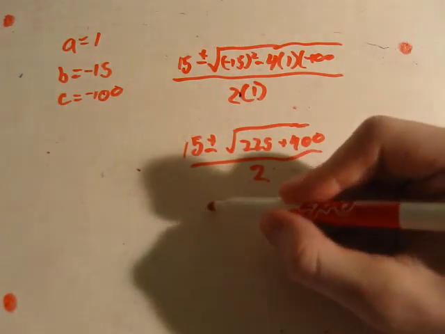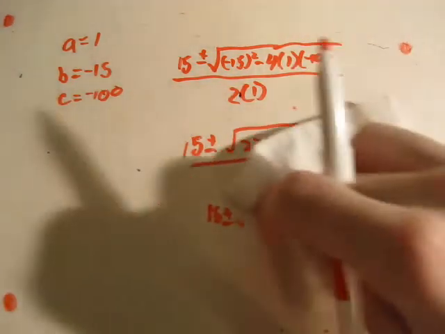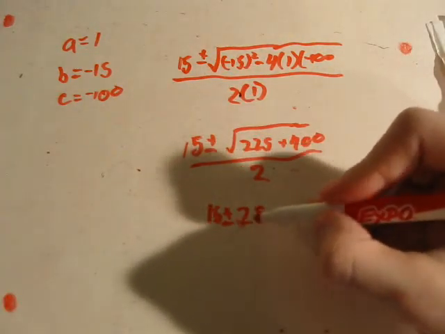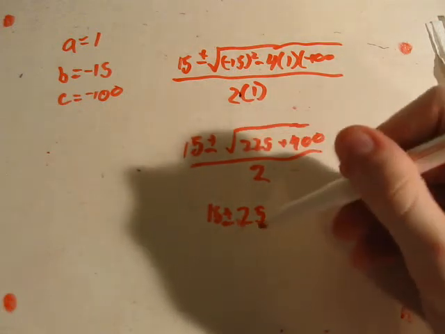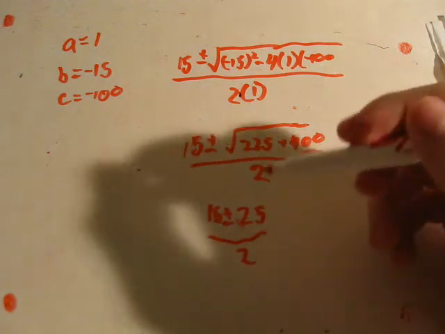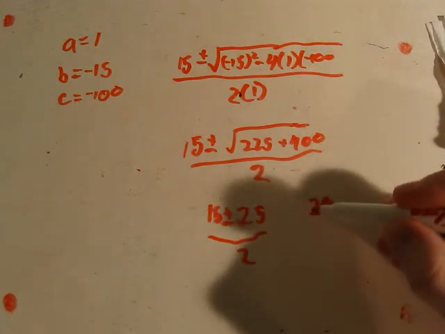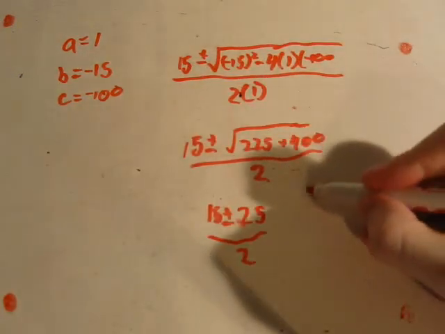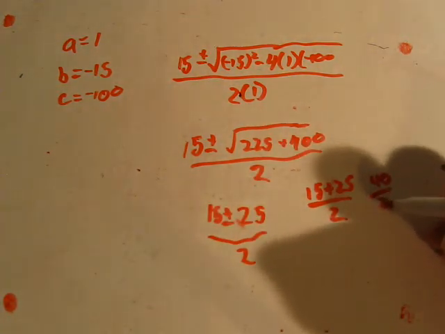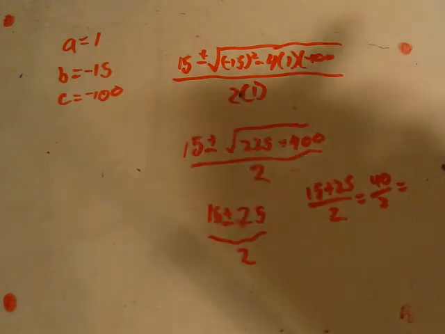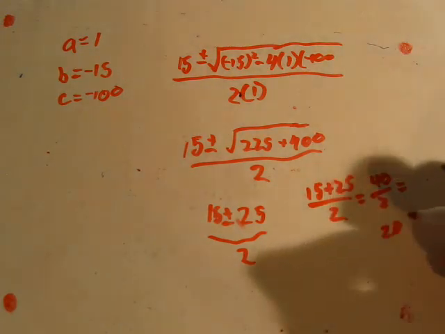Then that becomes 15 plus or minus the square root, I think I'll just simplify that down already, plus or minus 25, because 625 is a perfect square of 25, and put it over 2. So we've got 15 plus 25 over 2, 40 over 2, and that is equal to 20.